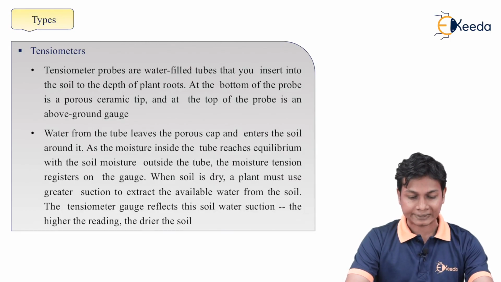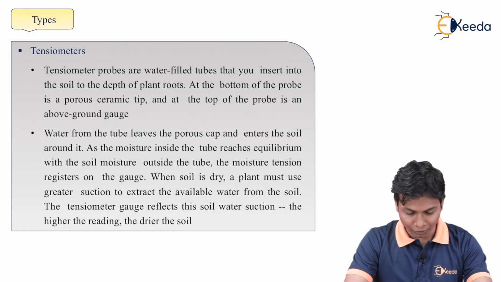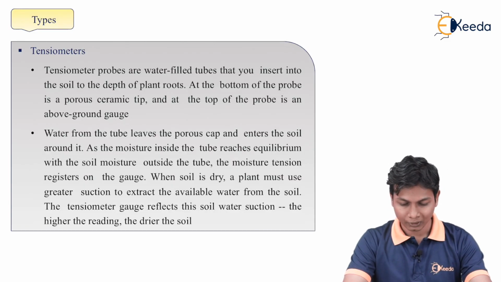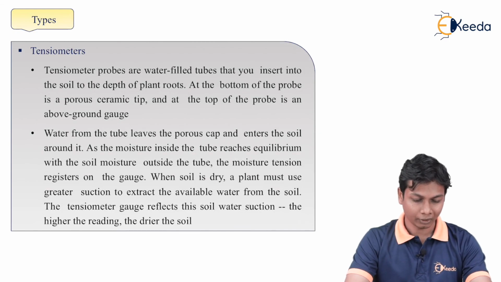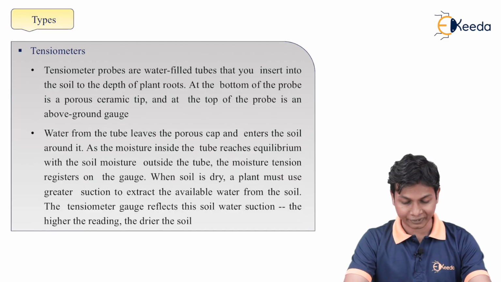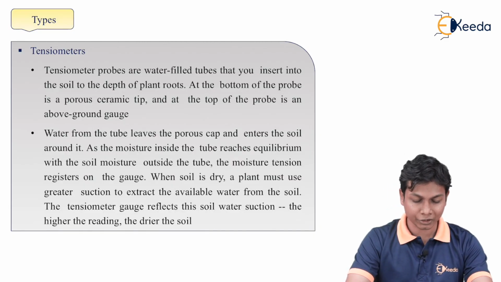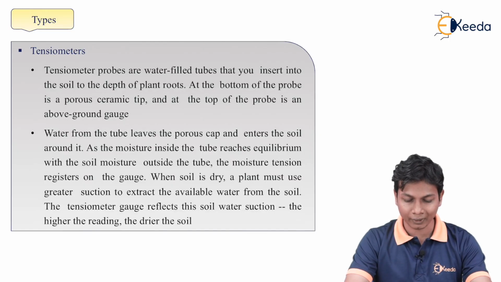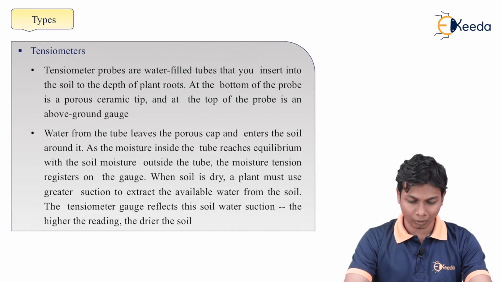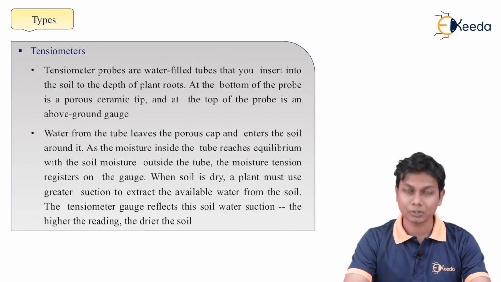As the moisture inside the tube reaches equilibrium with the soil moisture outside the tube, the moisture tension registers on the gauge. When the soil is dry, a plant must use greater suction to extract the available water from the soil, and the tension meter gauge reflects this soil water suction, with a higher reading indicating drier soil.